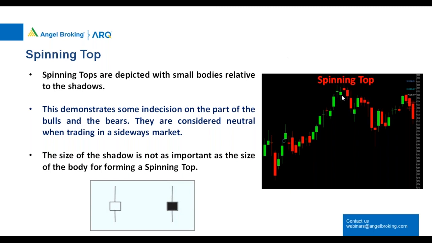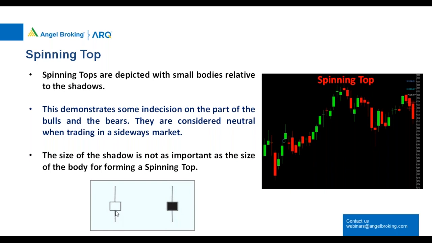Next, there is something which is again important, a spinning top. You must all have known that a spinning top is, in this case, this candle. Meaning what? Spinning tops are depicted with small bodies relative to the shadow. If you look at this red body, it is comparatively very small compared to the upper shadow of this candle.